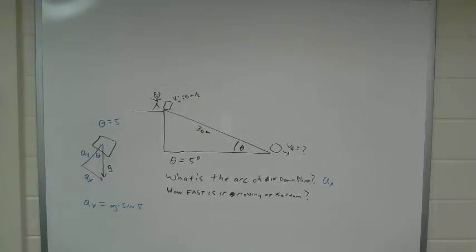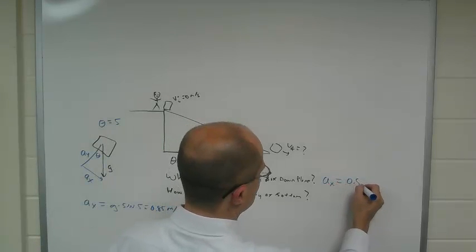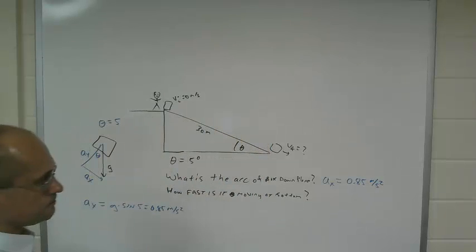So we can pull out our calculator and solve for this number. So sine of 5 times 9.8, and we get that our acceleration is 0.85 down the plane. So AX is 0.85 meters per second squared down the plane.